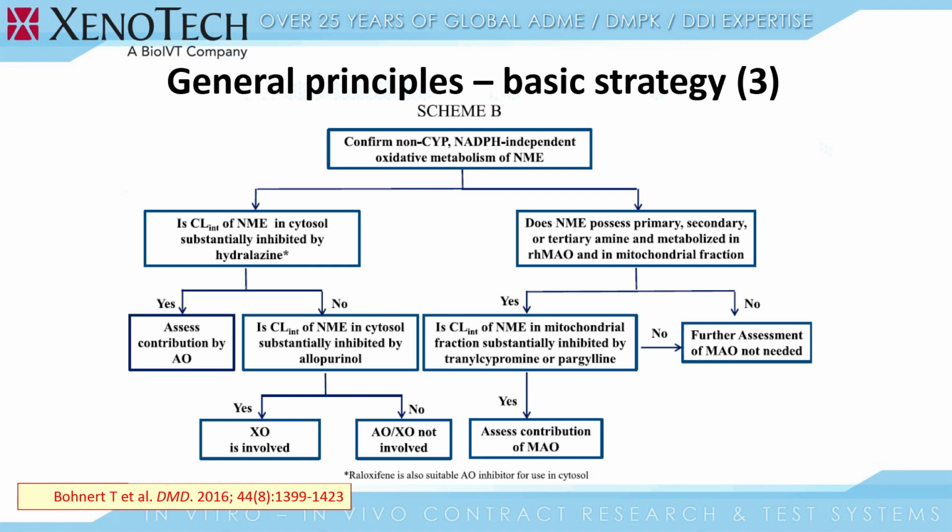If the answer is yes, we'd assess the contribution of its metabolism to aldehyde oxidase. If no, then we look at the clearance of the compound in cytosol and see if it's substantially inhibited by allopurinol. If the answer is yes, it points to the involvement of xanthine oxidase, and we can further investigate that. And if the answer is no, then AO and xanthine oxidase are not involved.